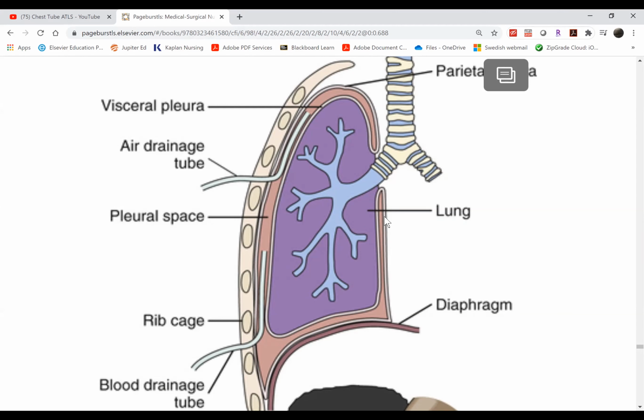So the default order for non-traumatic cases is 20. So most likely, if you're on a med-surg floor or ICU, these are all 20 centimeters. Again, exceptions are for trauma patients dealing with large pneumothorax or large hemothorax.